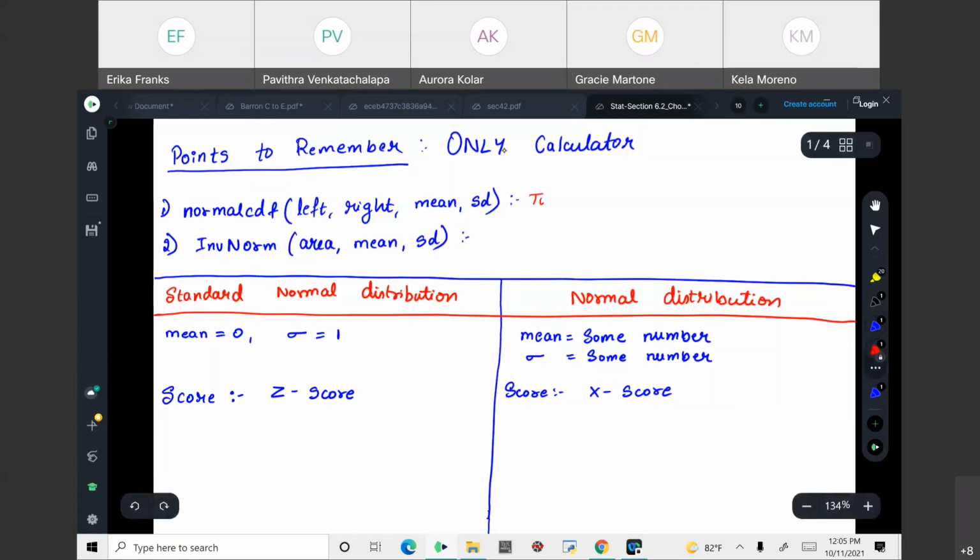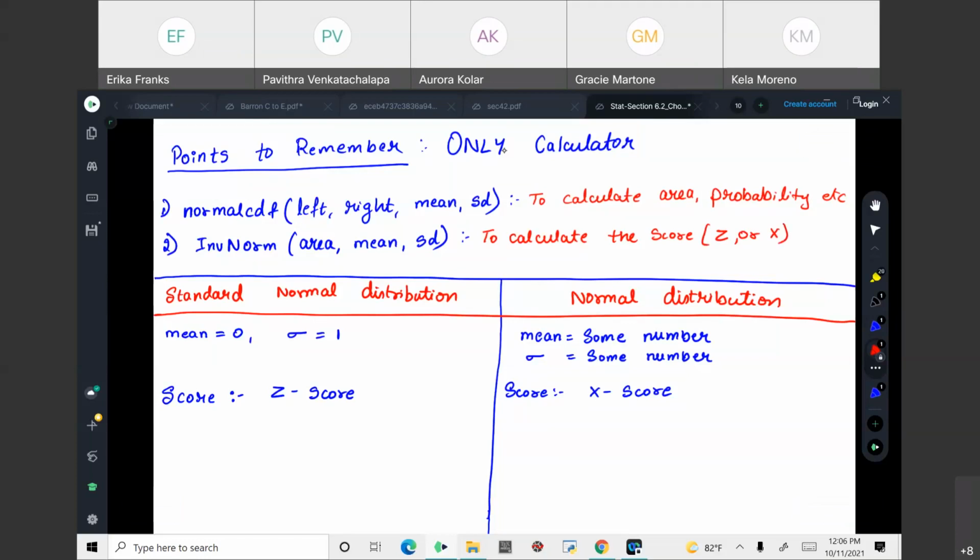This is to calculate area, or say probability, or percentile. It has many names. Now, inverse norm, we use that to calculate the scores. So the score could be Z or X.